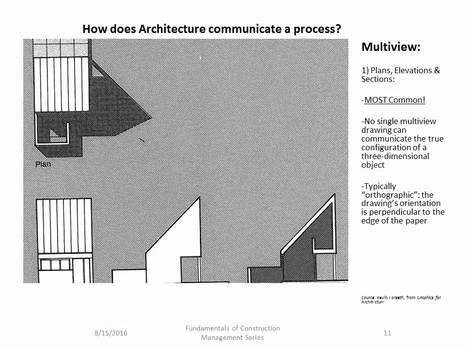So building off of what we previously discussed regarding multi-view and single-view drawings and the idea of how architecture communicates a process, this slide shows an example of multi-view drawings. In this case, what we're seeing is an elevation, we're seeing a plan view from above, we're seeing a section view as well cutting through the building on the bottom right of the slide.